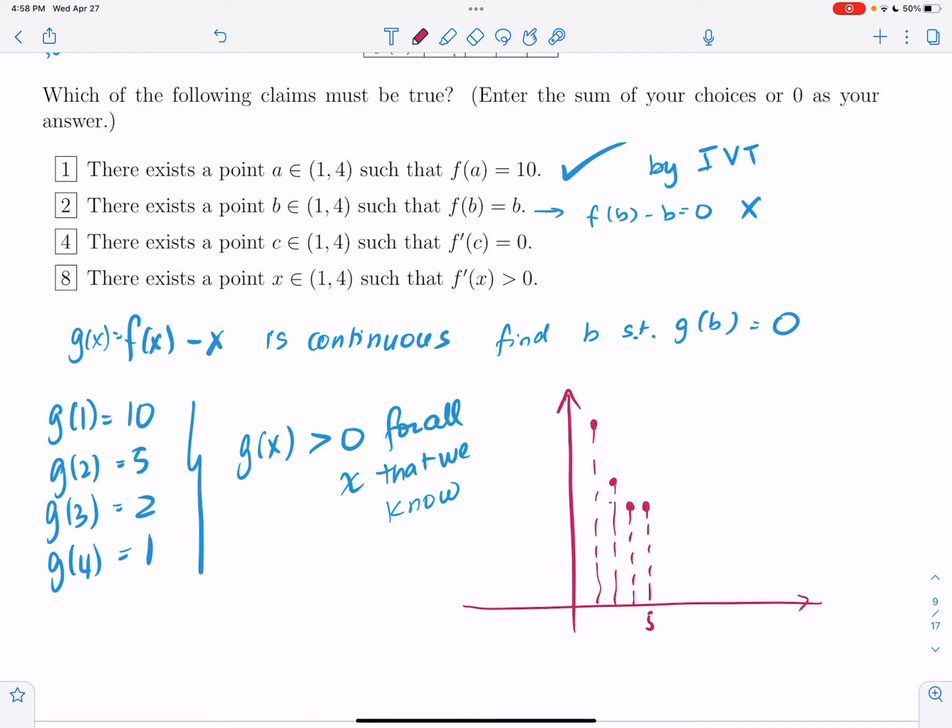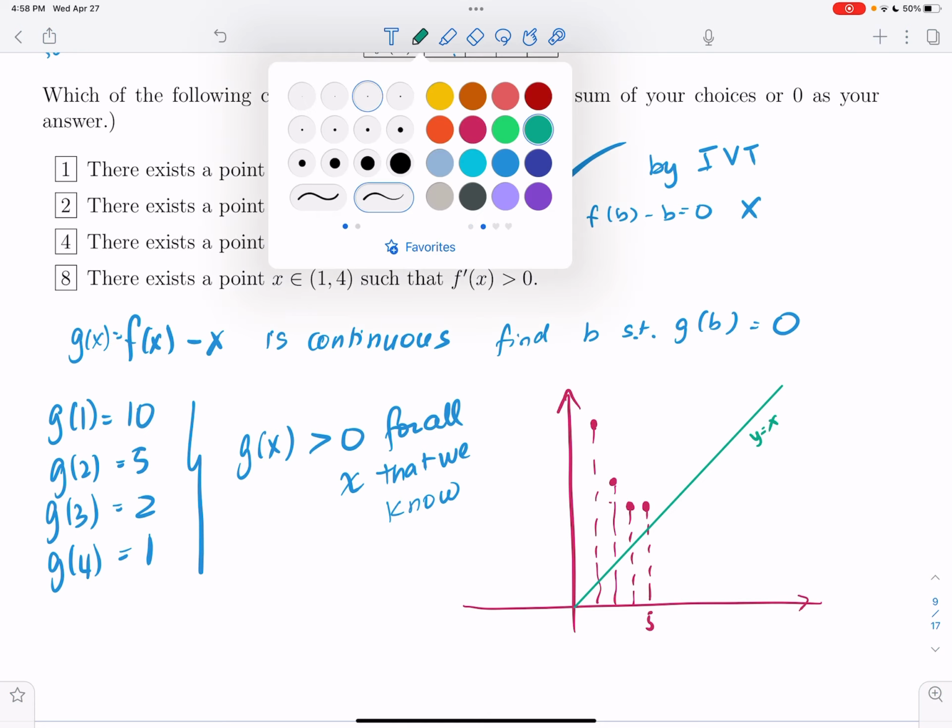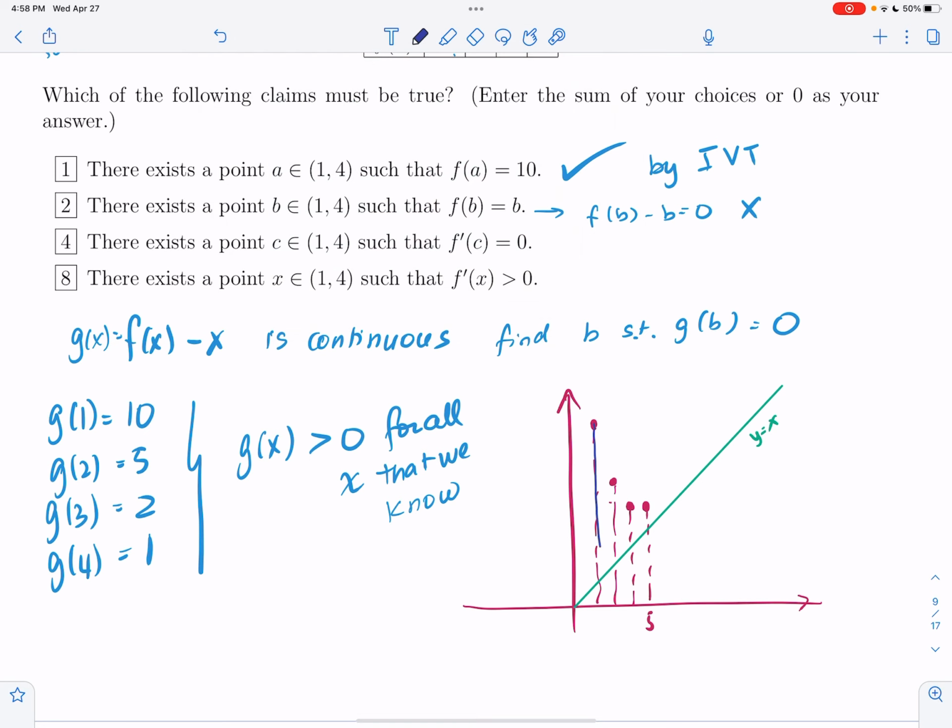Okay, and we cannot tell. Now I will draw the line y equals x. That is the line y equals x. Okay? Now we can't be certain at all if this function is going to do something like this, or where it does cross at these 2 points or not.